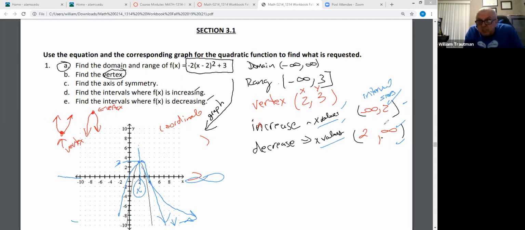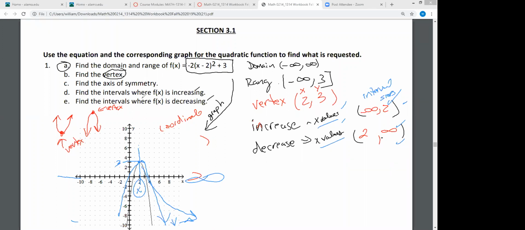Does that make sense, Matilda? I know you typed something in the chat box too. You said the y values, but that's why I wrote increasing or decreasing. We only want to look at the x values on where it's increasing or decreasing. Can you hear me? Yes. Meaning we don't have to solve anything, just figure out where it's decreasing?